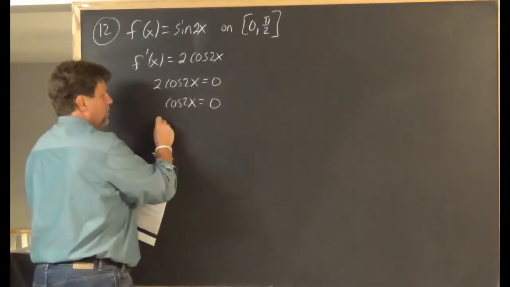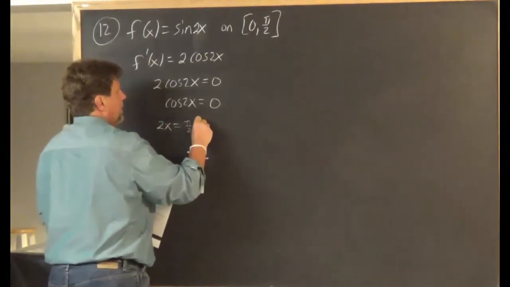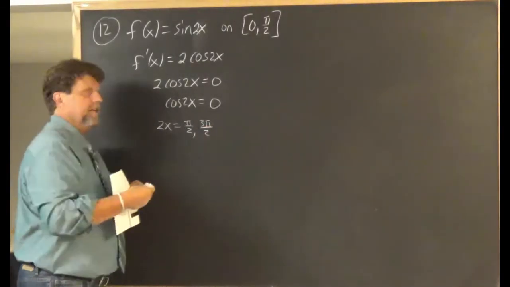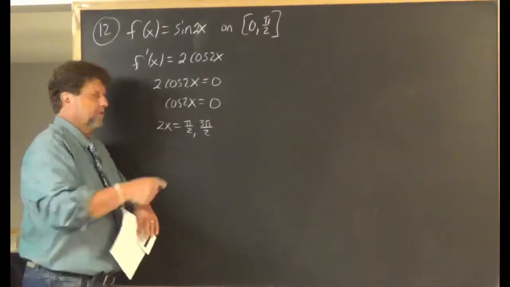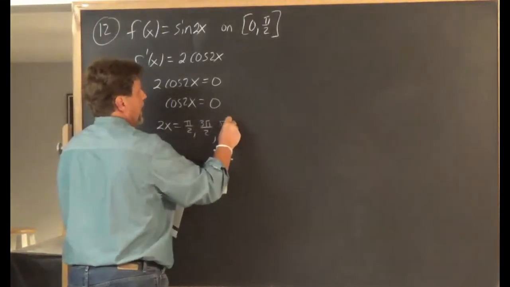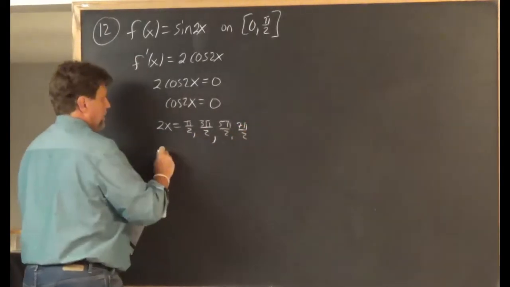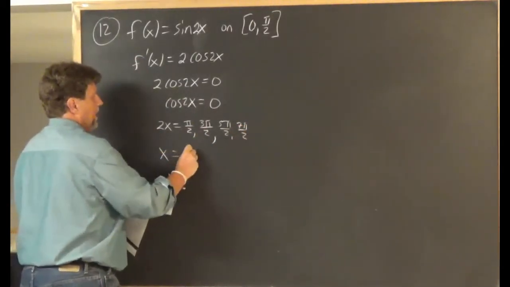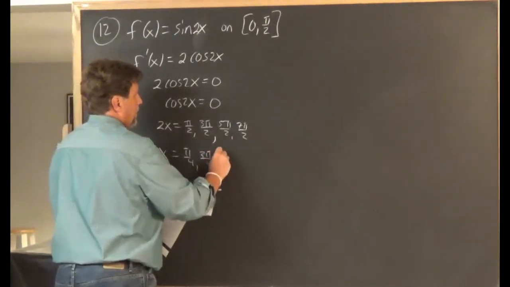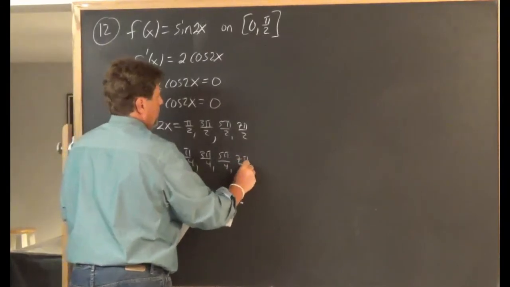So that means 2x must equal pi over 2 and 3 pi over 2. And then technically speaking, I need to make a second trip around the unit circle because of the 2. So let me go ahead and just write that in here. Then you divide each of these by 2, so you get x as pi over 4, 3 pi over 4, 5 pi over 4, and 7 pi over 4.